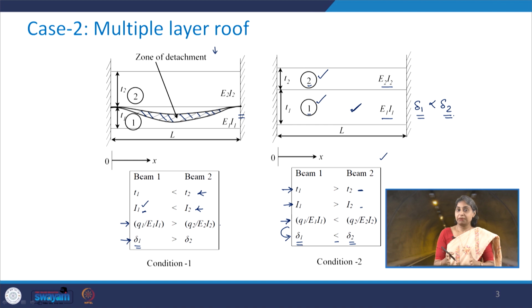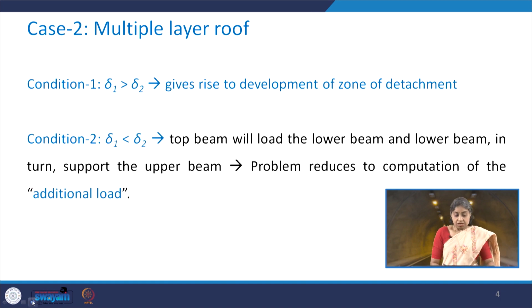Once again I will repeat, please remember I am marking the first beam as the lower beam and the second beam as the upper beam, and these two types of situation can occur if there are two layers in the roof which are participating in the displacement. So, we have condition 1, where the deflection of the upper beam is less than the deflection of the lower beam.